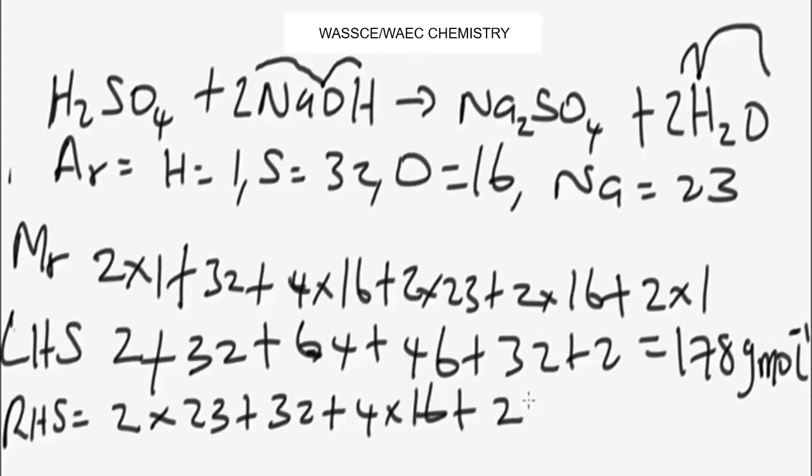So it's going to give us 2 times 2 for this hydrogen here, this small number at the bottom. So basically you can see that we have 4 hydrogen atoms there.